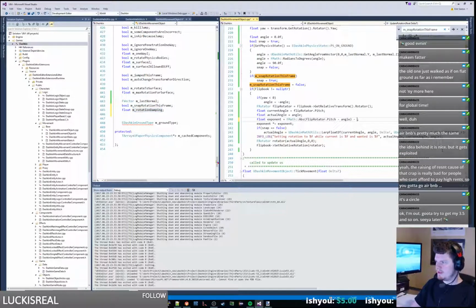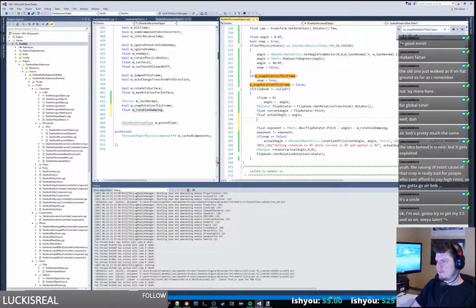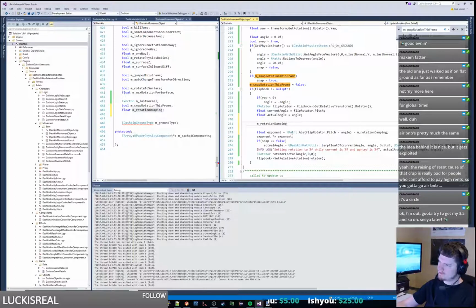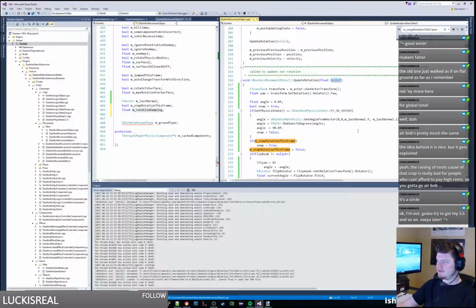Alright, so rotation damping should basically, we should add the absolute value. So we're like adding to this thing, we're like adding the difference in the angle to the rotation damping, and I guess we multiply it by the delta t.